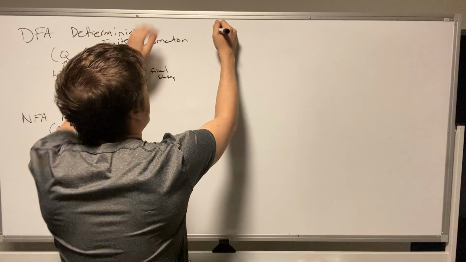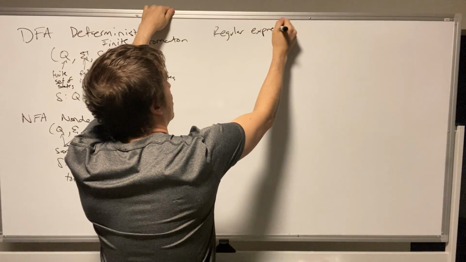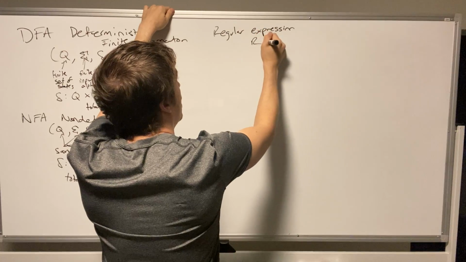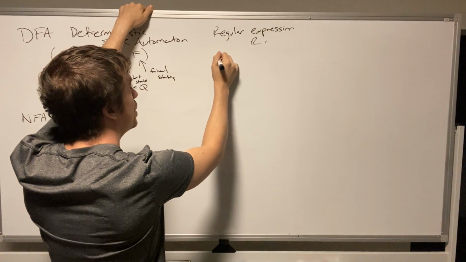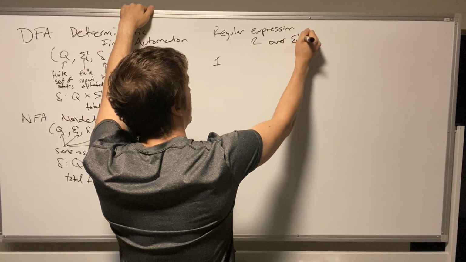All right, then a regular expression. R is one of the following 6 types. So this is over an alphabet sigma.